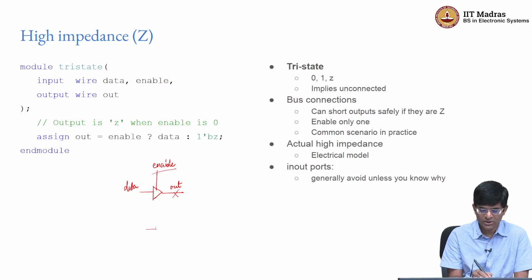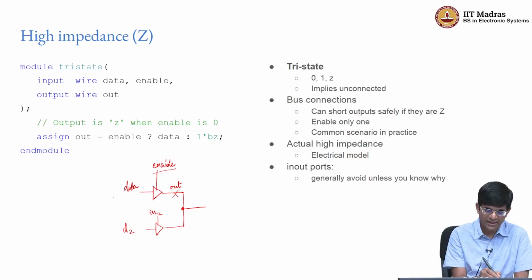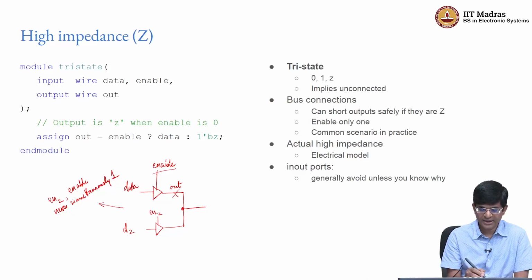Because it allows you to have another driver with another enable, I will call it EN2, and another data which I will call D2, and I can just short these two connections together, provided that EN2 and enable should never simultaneously be 1. Under that condition, we can ensure that at any given point in time, this Y is being driven either by data or by D2, but not by both at the same time.